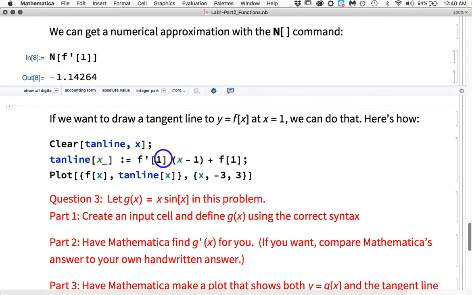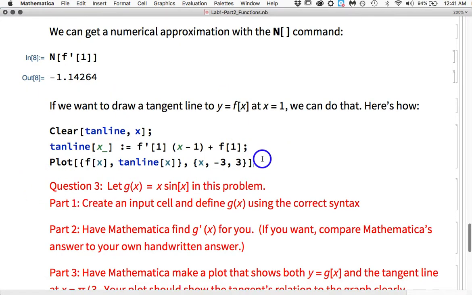This particular expression is in point slope form for the equation of the tangent line. And the point of tangency is 1, comma, f of 1. And then finally, the plot command puts everything together. The semicolons say, don't give me any output from those particular input lines.